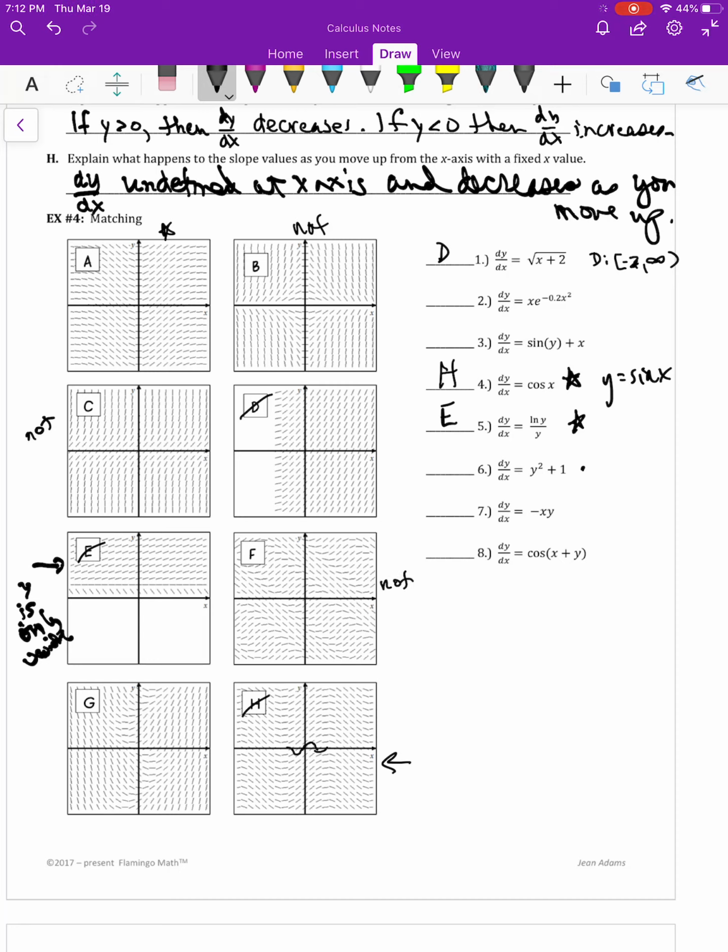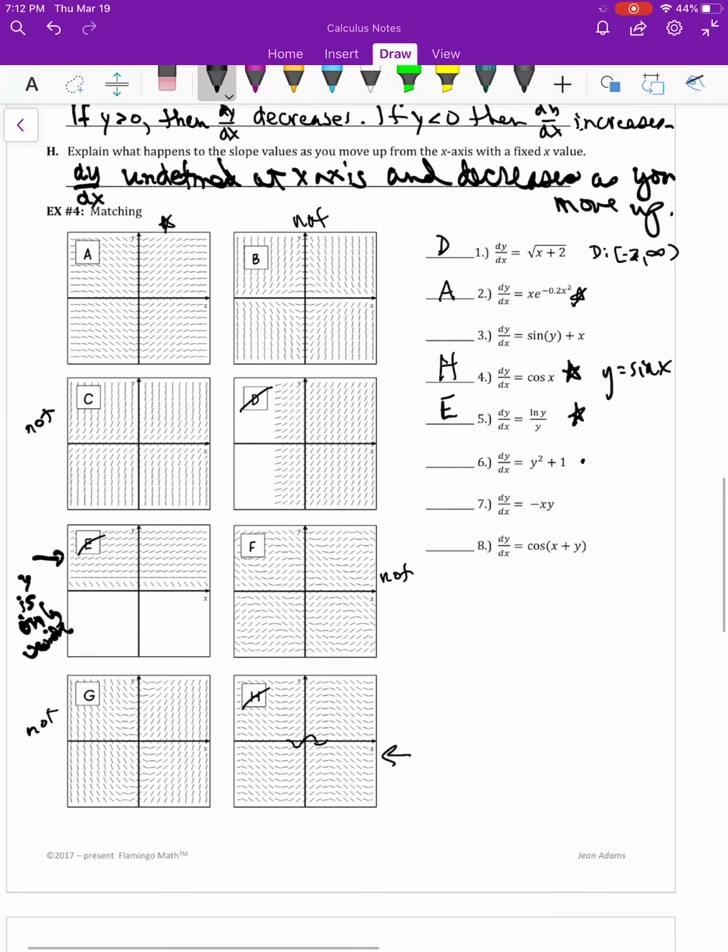All the same vertically, not. All the same vertically, not. Okay, so this one that is all the same vertically, it probably only has x in it. And the only one left that has x in it only is 2. So I think 2 is A, because all the vertical lines are the same, so that means the differential equation only involves x.